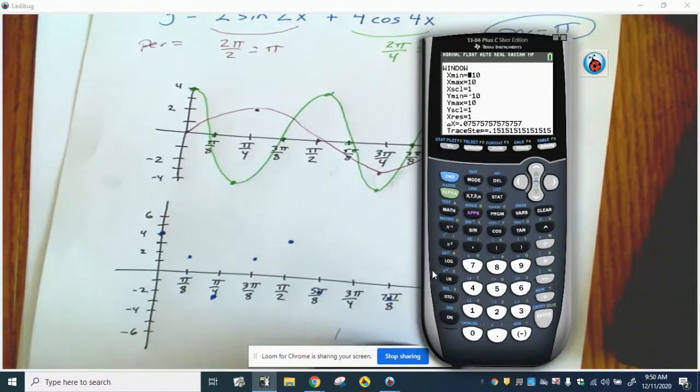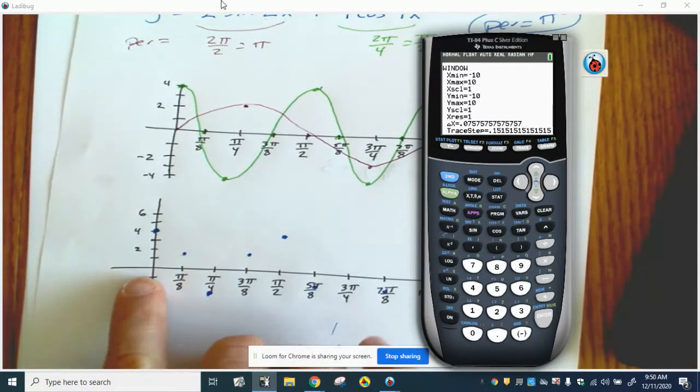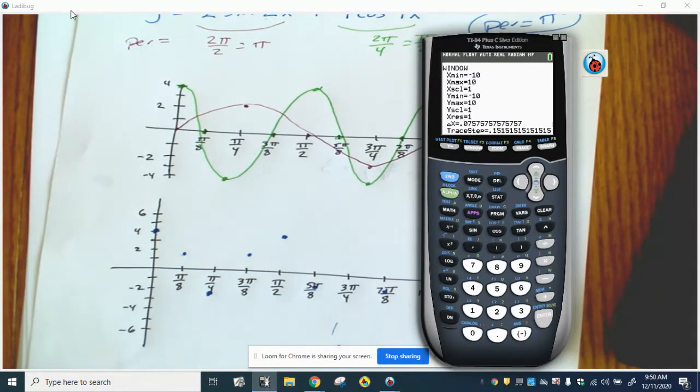Remember, x min, that's our left boundary. So we're starting at 0. Our x max is our right boundary. Well, we're going all the way out to 2 pi. The x scale is what are you counting by? Oops, I didn't press the 2. 2 pi.